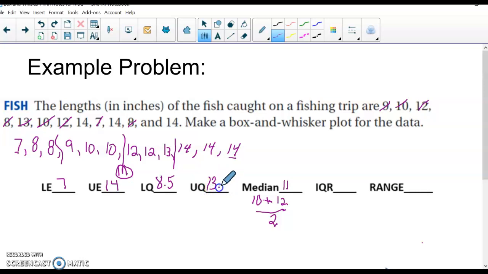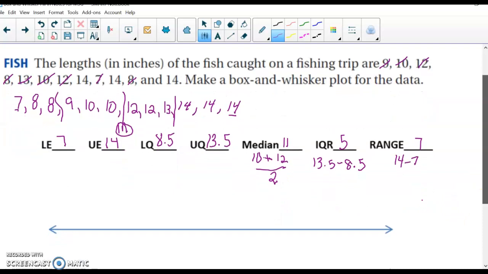Our IQR is the difference between our quartiles, our upper quartile minus our lower quartile. So that's 13.5 minus 8.5, which is 5. And our range is our upper extreme minus our lower extreme, which is 7.